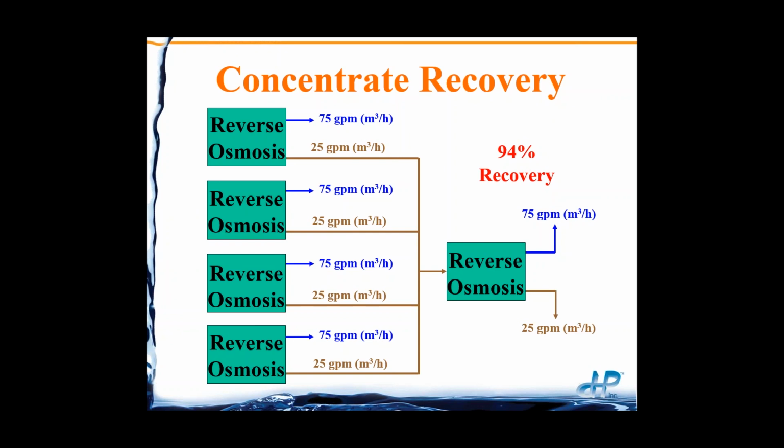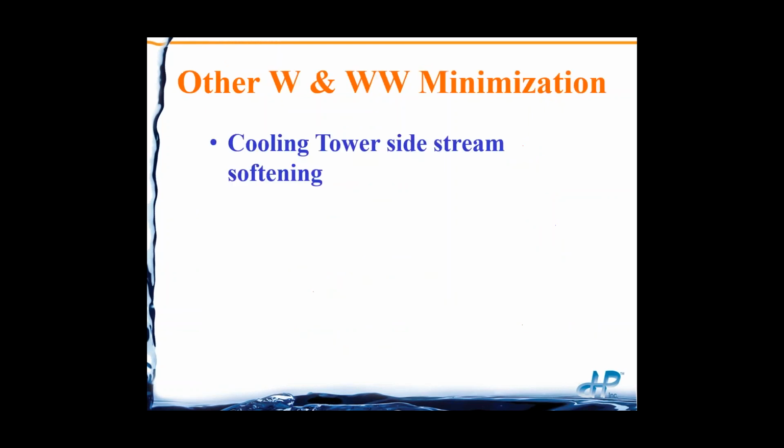So now you've gone from 100 gallons a minute going to the sewer to 25 gallons a minute going to the sewer. Of course, you always have to make sure that what you're sewering meets local requirements. But all of that goes into you figuring out what is going to be cost effective at your plant.